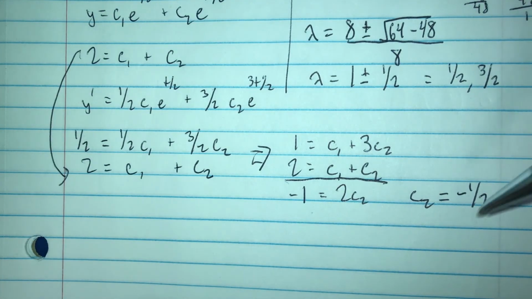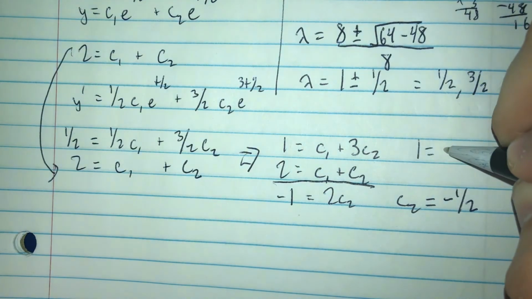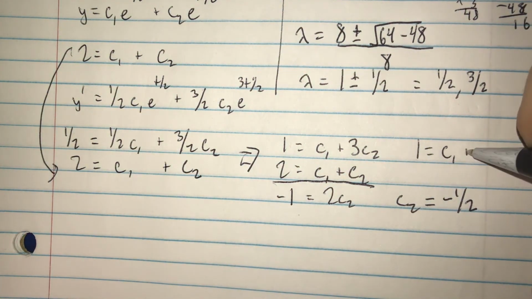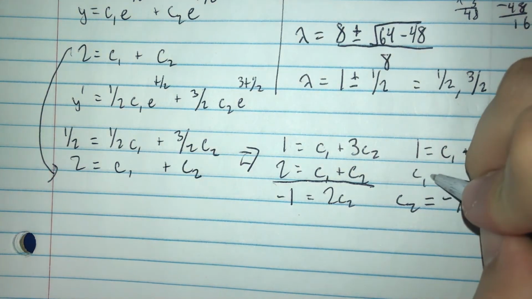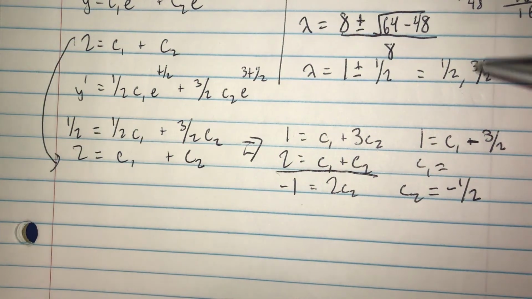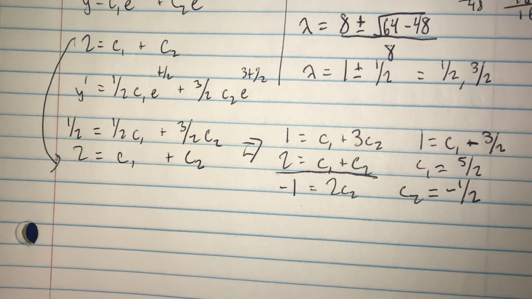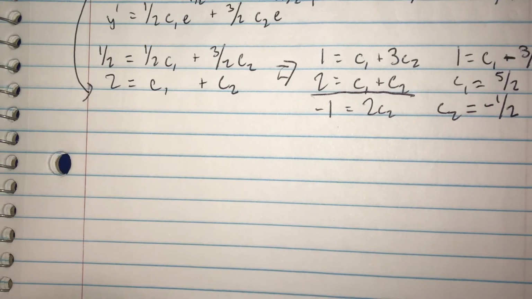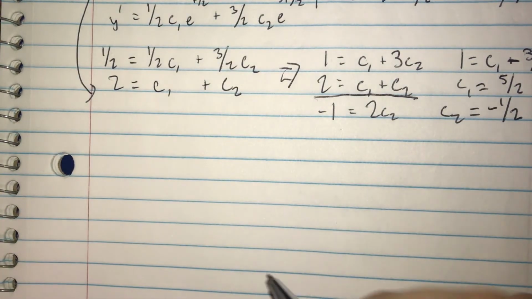Now we can plug the c2 back in here. So we'll have 1 is equal to c1 minus 3/2. This means c1 is equal to 1 plus 3 over 2, which is going to be 5 over 2. I'll write that again just because you can't see it.